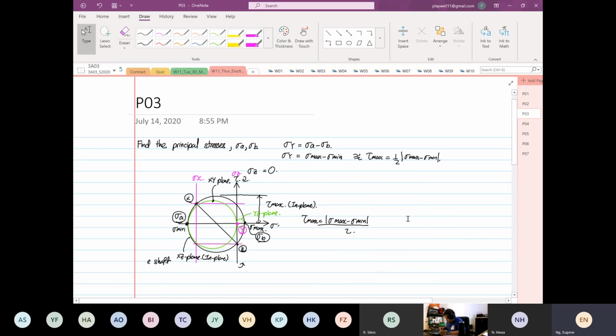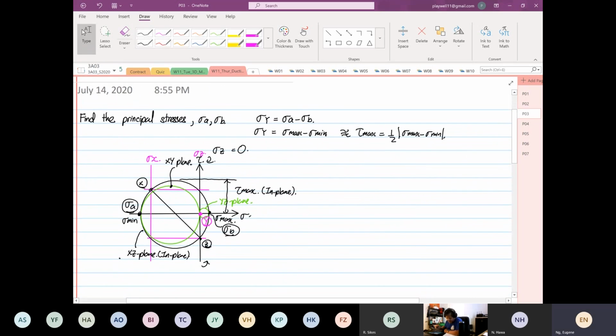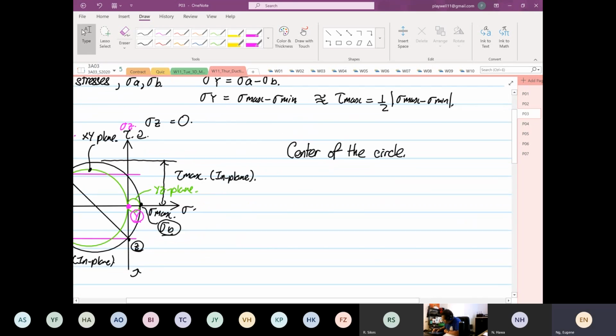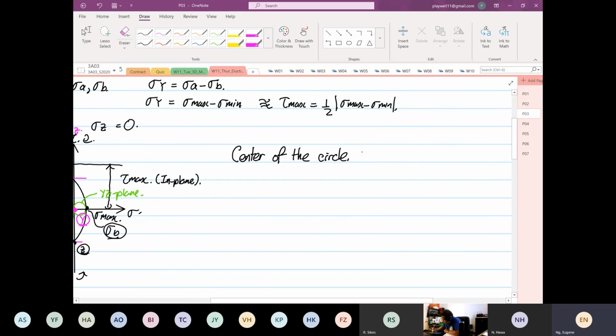So we're going to look at the stress average, the center of the circle. As I mentioned before, we're going to focus on the in plane.